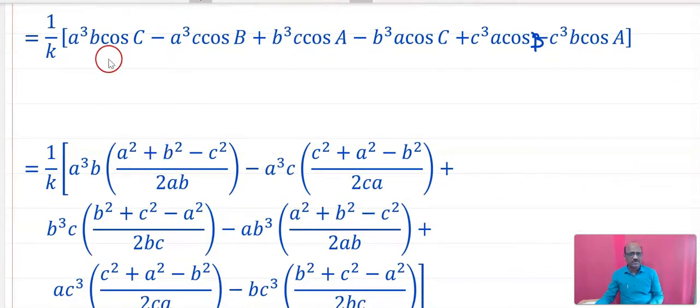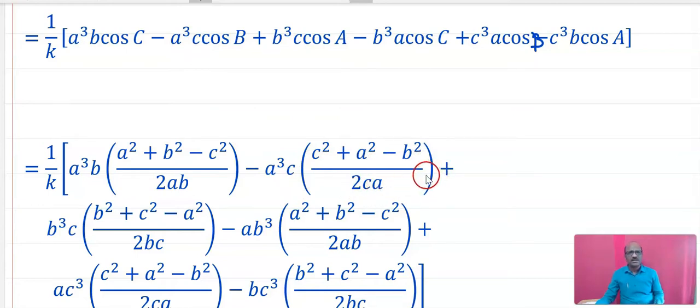Again if we simplify here, substitute the value of cos C in a cube b cos C, the value of cos C is (a square plus b square minus c square) upon 2ab. Again substitute the value of cos B in a cube c cos B, that is (a c square plus a square minus b square) upon 2ca.